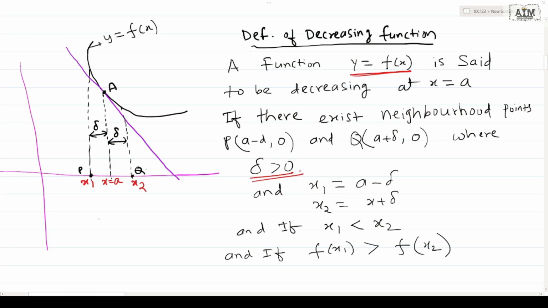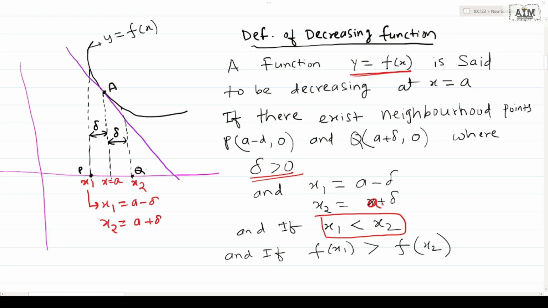And from the figure it is clear that x1 is smaller than x2. And how to get this point here? x1 equals what? x1 equals a minus delta. And what is the x2 value? That is a plus delta, x2 equals a plus delta.